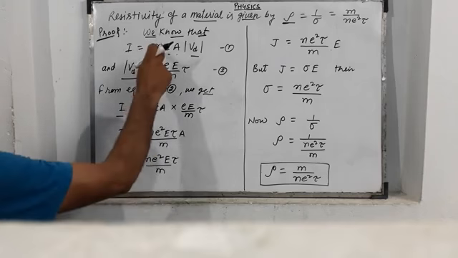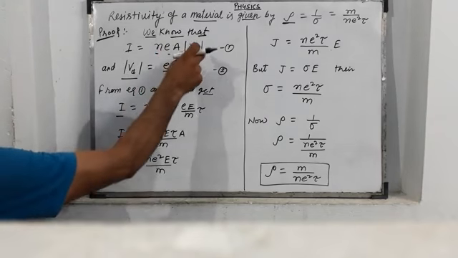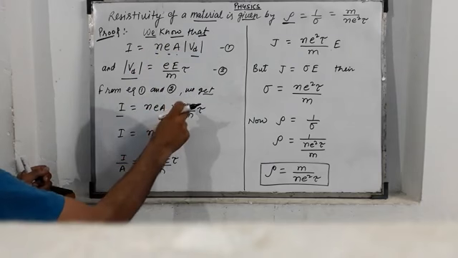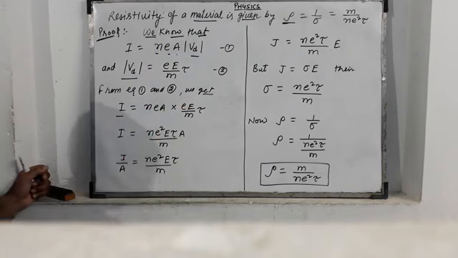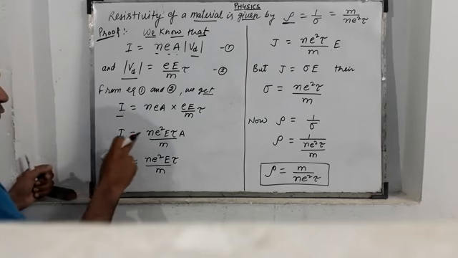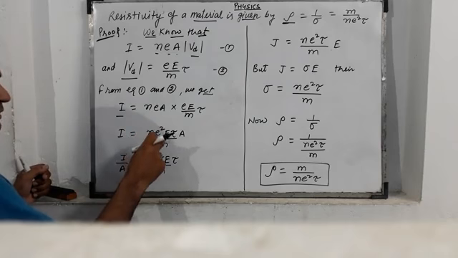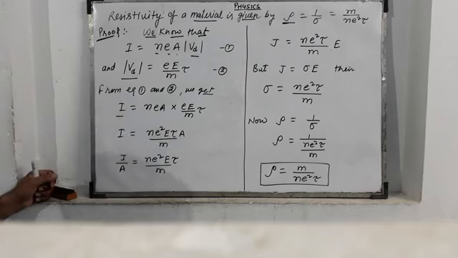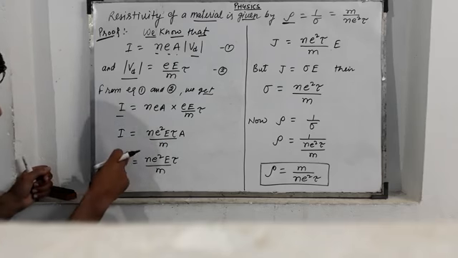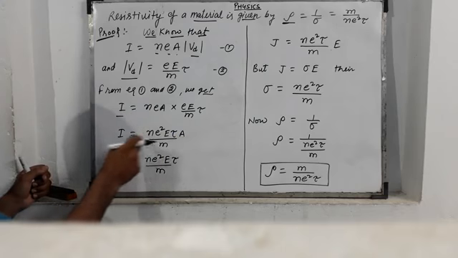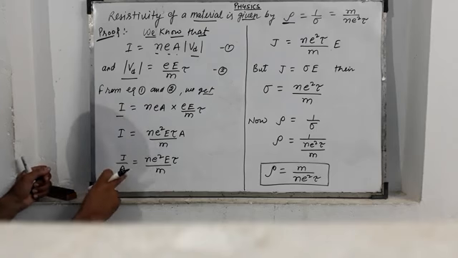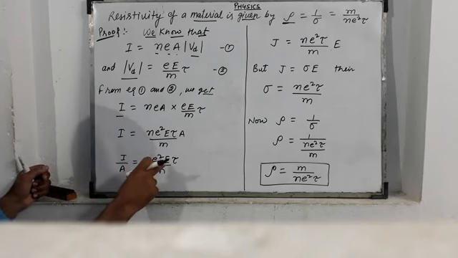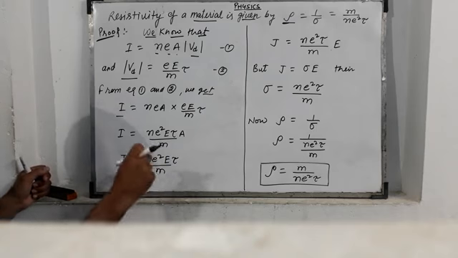I equals n e A, and putting the value of Vd, e E upon m into tau, I equals n e square E tau A upon m. Or I upon A, since A comes in the denominator, equals n e square E tau upon m.